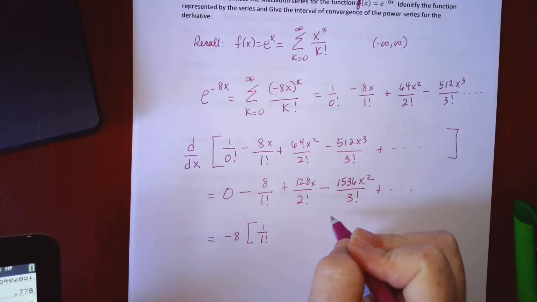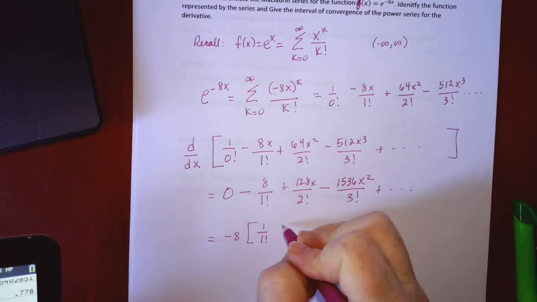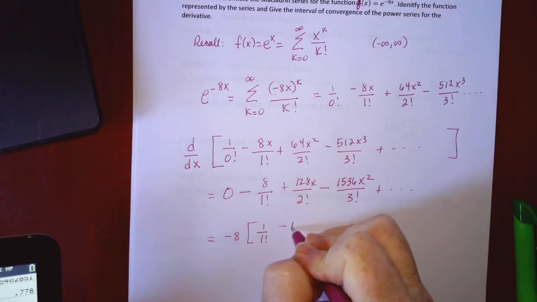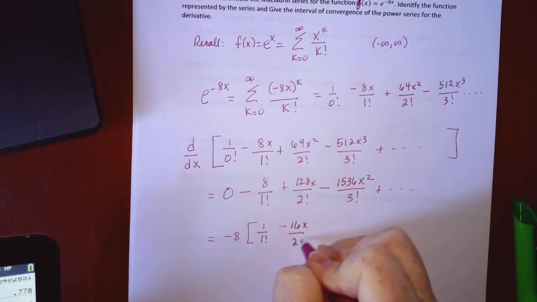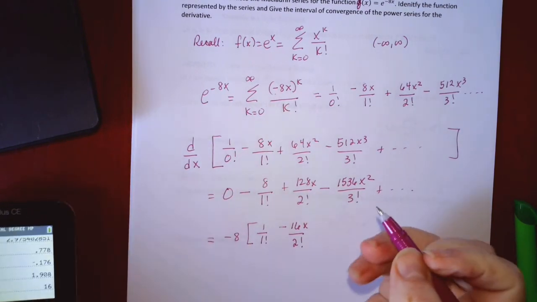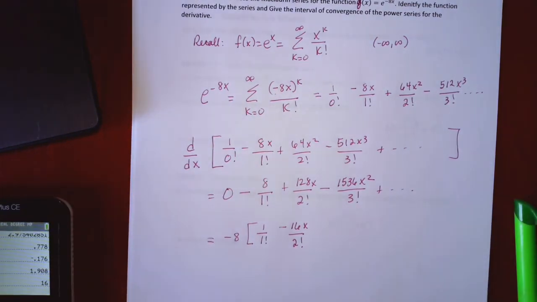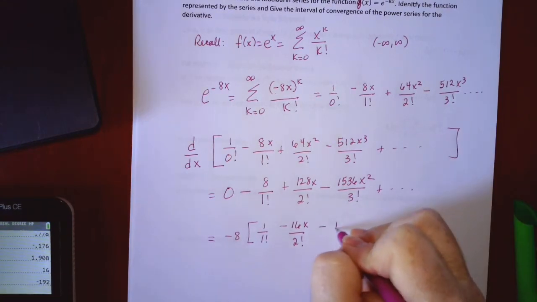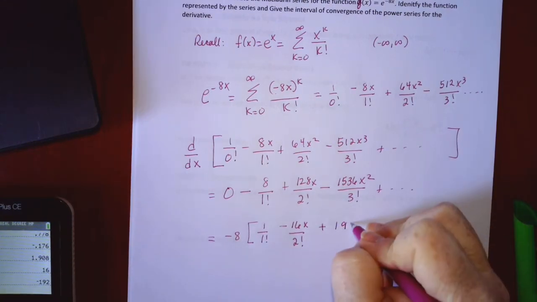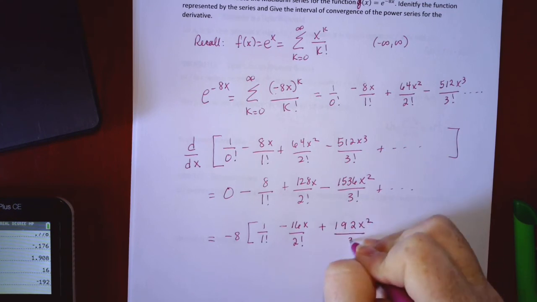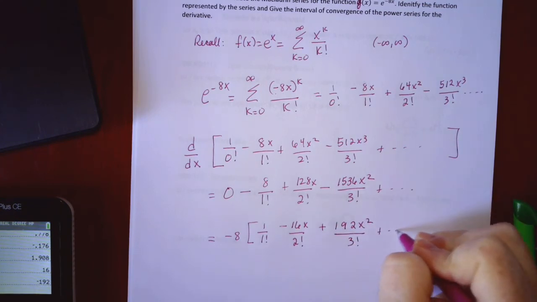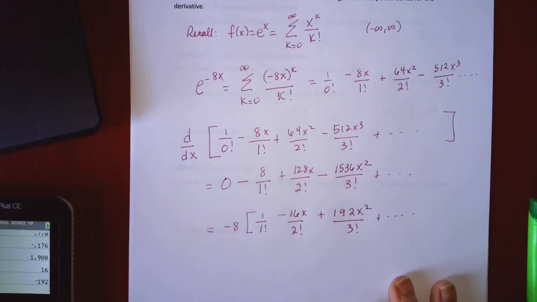So I've got 1536 divided by negative 8, plus, and so on and so forth.